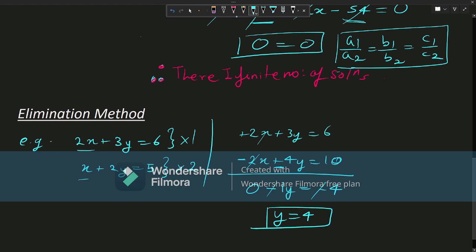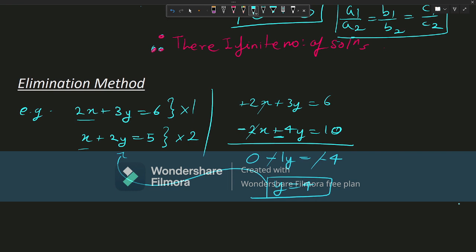Now the question does not end here. You need to put this value of y in the equation. So x plus 2 into 4 is equal to 5. Now just one tip: don't put the value of x or y in the modified equation that we're getting.